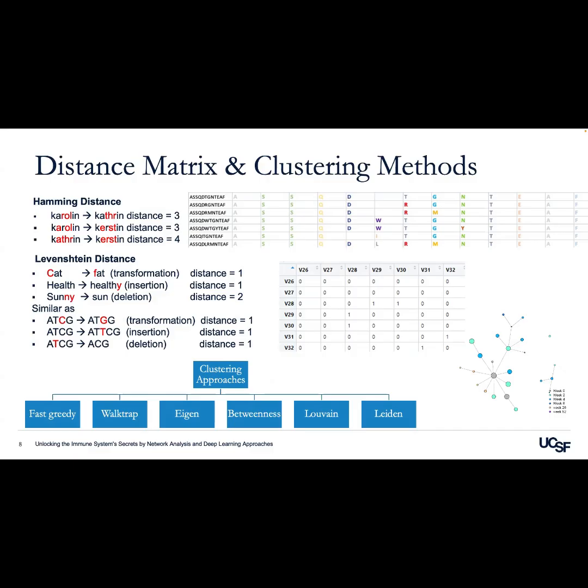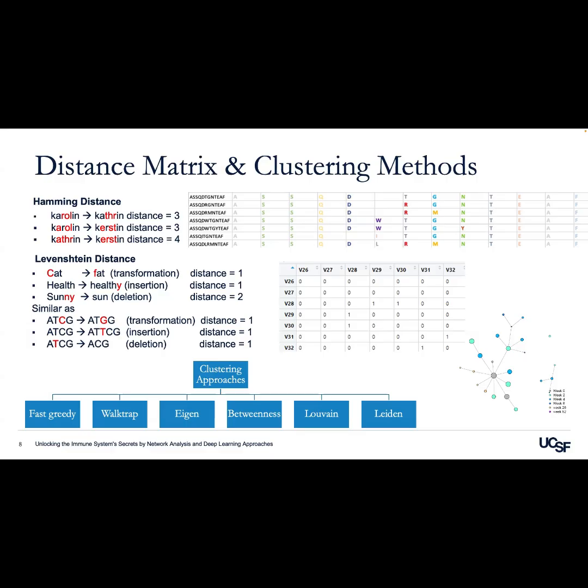Hamming distance is easy to compute, but it has its own limitation because it can't explain the transformations in the biological sense. It can also only deal with sequences of the same length. If the sequences are not the same length, we have to pad at the end to do the calculation. So you can already see the limitation of the Hamming distance.